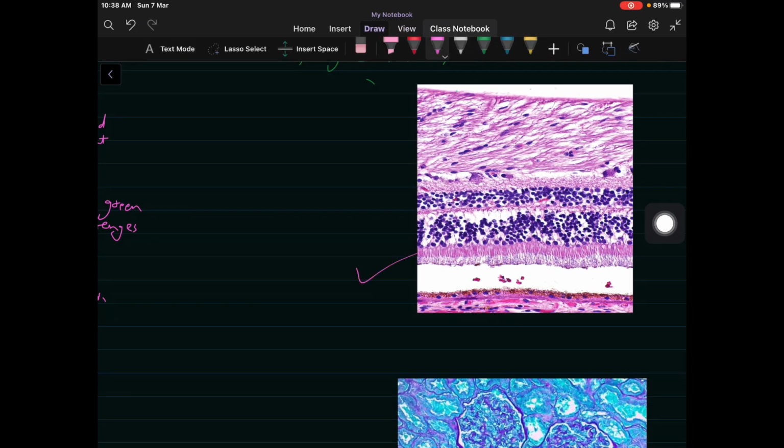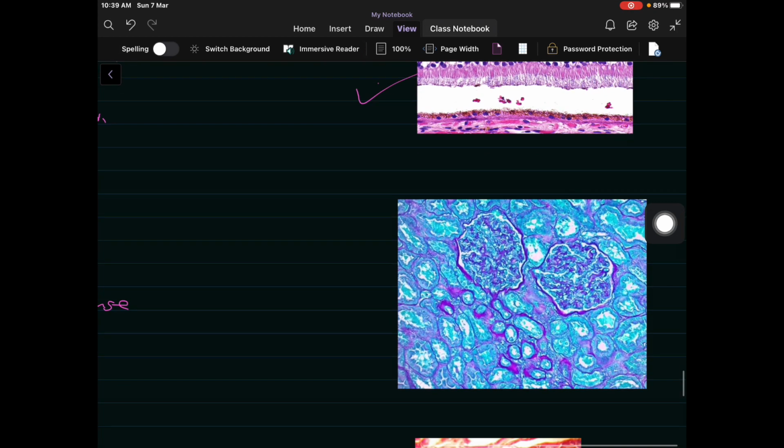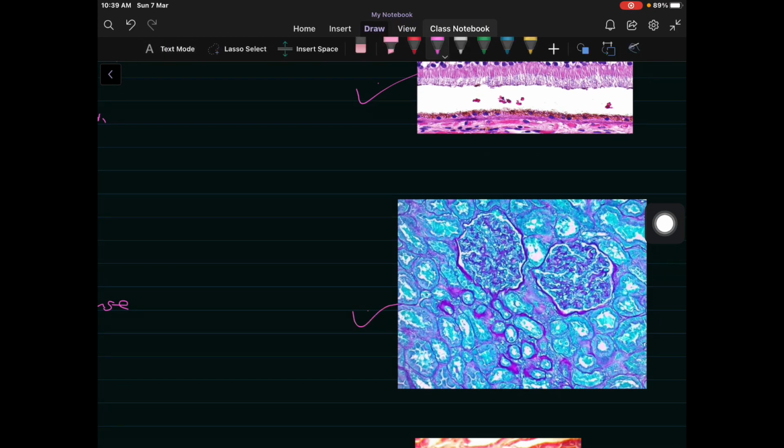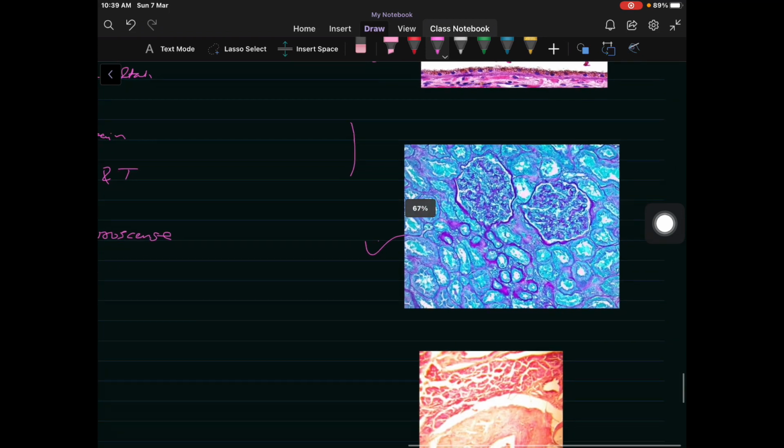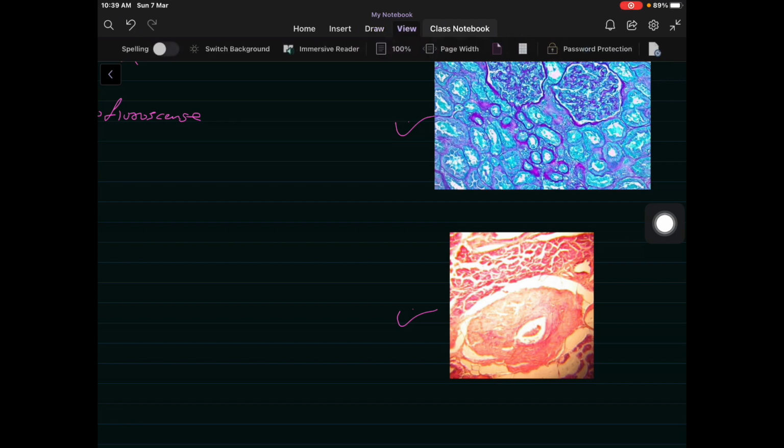The pictorial diagram of all these stains is seen here. This is the H and E stain, which will give the pink color. Then this is the magenta color, the PAS stain. The third one is the Congo red stain, which under the light microscope will give the salmon pink appearance.